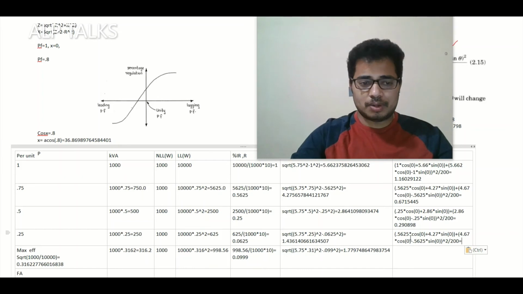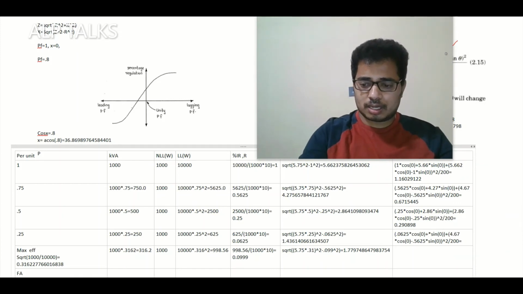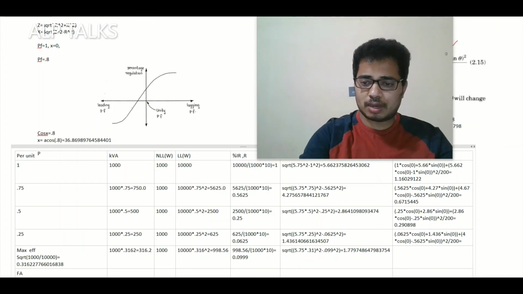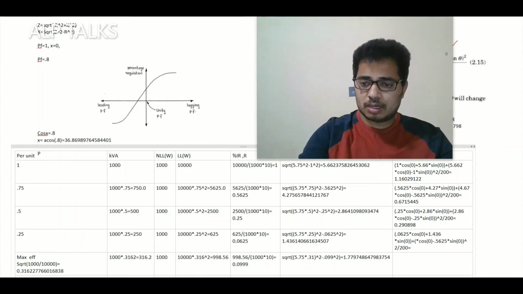So what about 25% load? So here 0.0625, already point is there, 0.625. So what about this reactance contribution? Reactance contribution is nothing but 1.436. So similarly, instead of 4.67, we have to substitute 1.436.